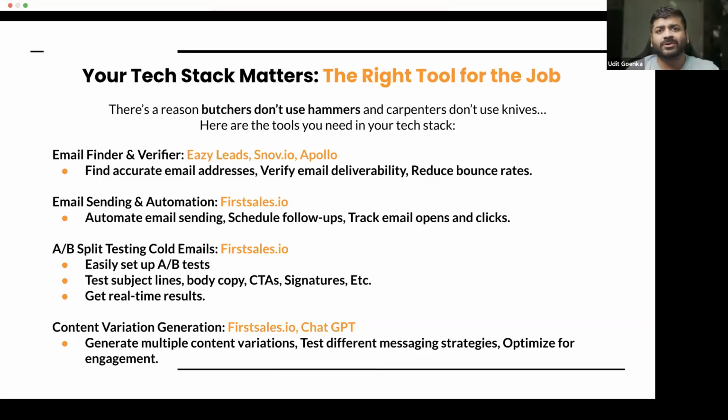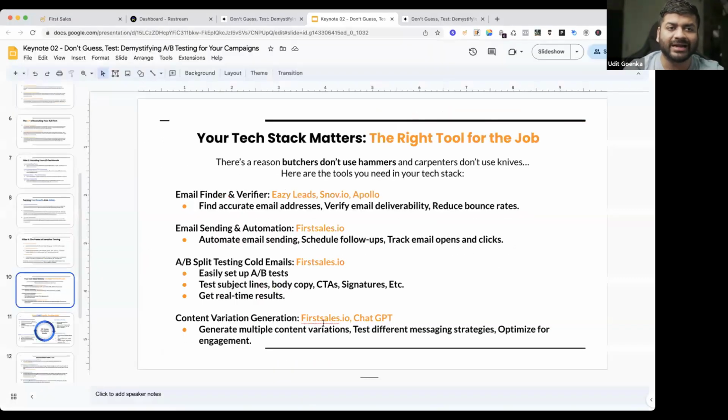So we went on to ChatGPT and asked, hey, please find any spammy keywords in this particular email and just replace them. I'm going to show you guys live how to do it in this particular session itself, right? It's amazing how you can use these tools in the most effective manner. Then again, if you use Firstsales AI, it's inbuilt, so you don't even have to worry about that at any stage, right?